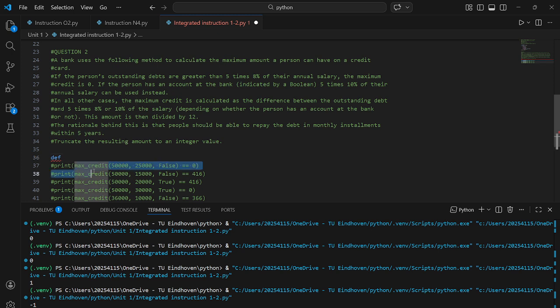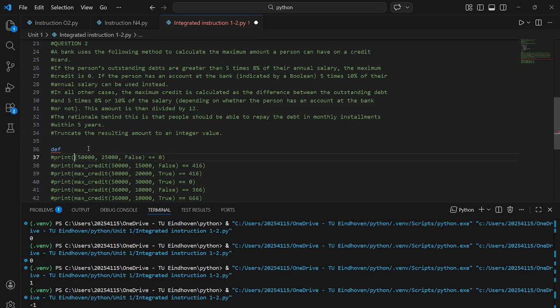Max credit, I suppose, yeah, because that's how I did these. Oops, max credits. And the parameters they want us to use are, I'll just copy them.